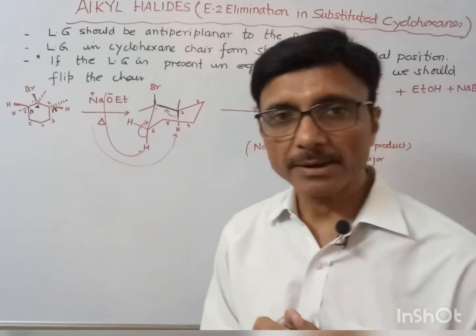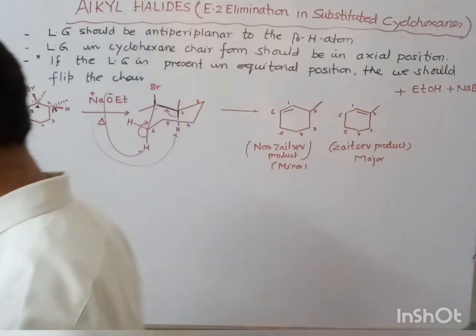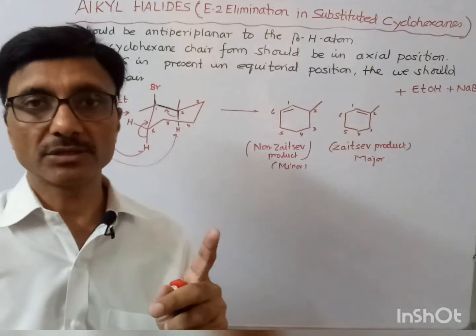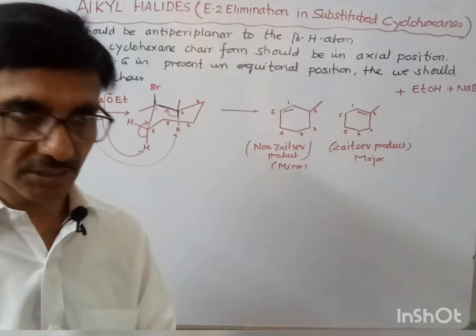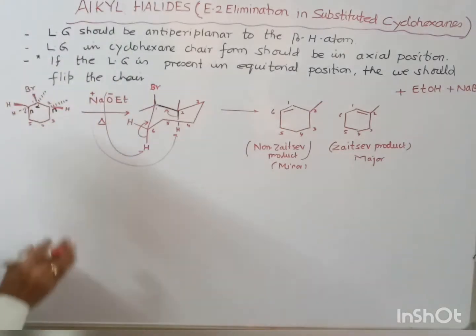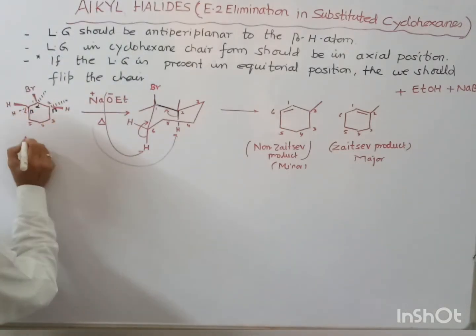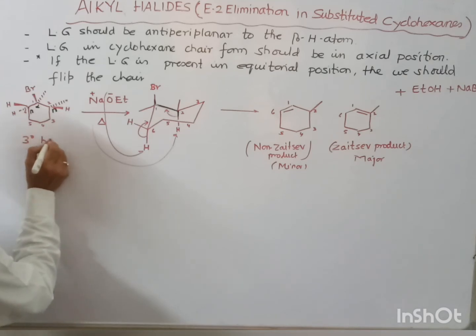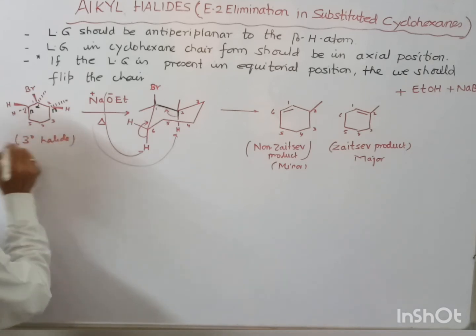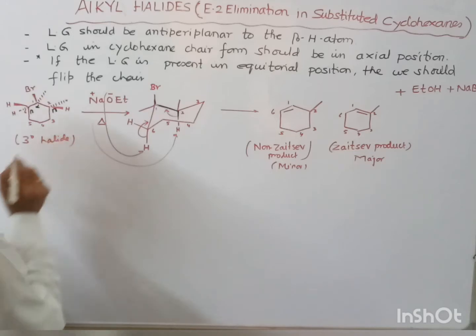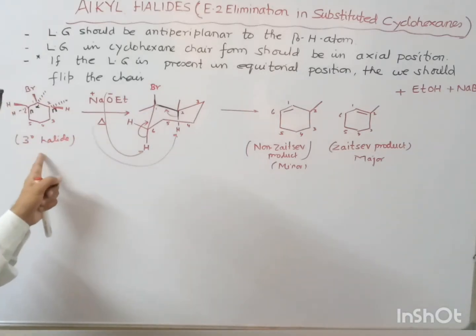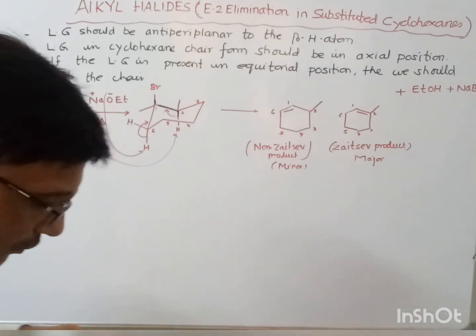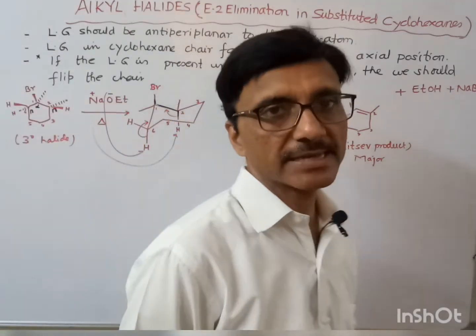In a tertiary halide, the SN2 reaction doesn't occur, whereas here, if you see, this is also a tertiary halide, and this tertiary halide will give the E2 product. It is giving the E2 product, but it cannot give you the substitution SN2 product.